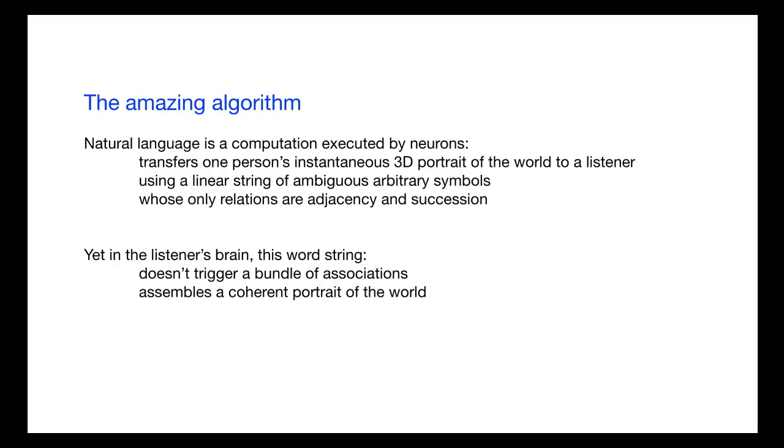The only relationship between these symbols is adjacency and succession. And somehow that triggers a bundle of associations in the listener's brain, and it assembles a coherent picture of the world, the one that the speaker had. So how do you pull that off?